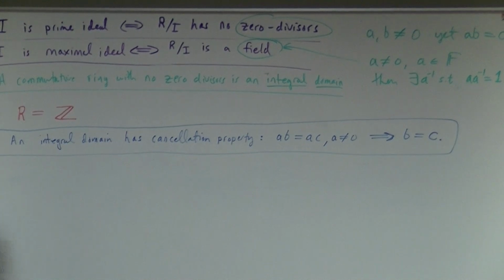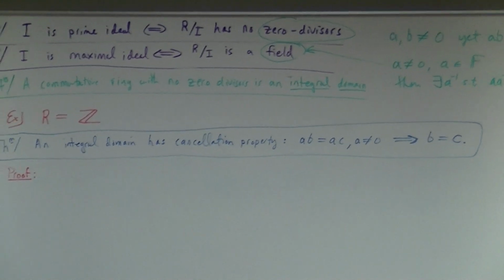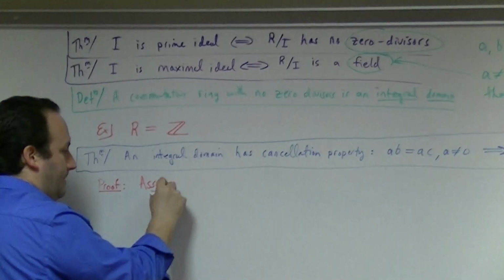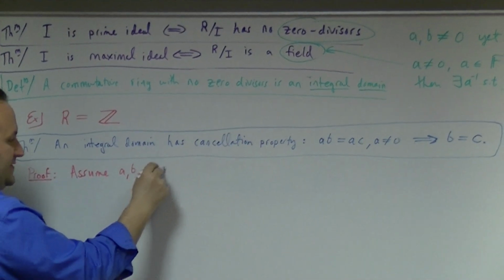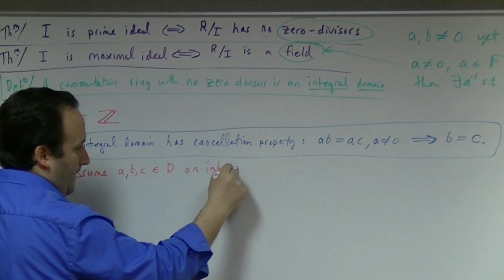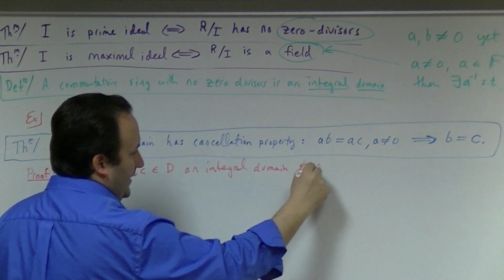Now here's why this is working here, so proof. So assume that A, B, C are elements of D, an integral domain. All right. And A is not equal to 0.